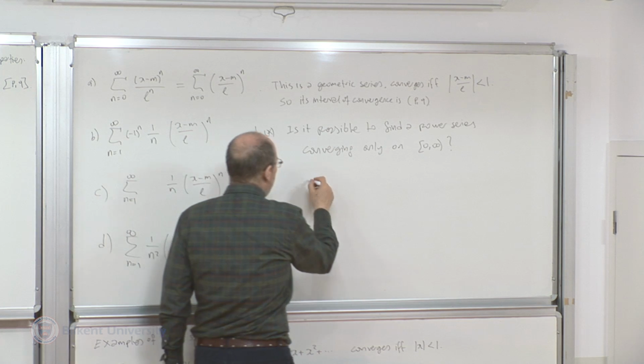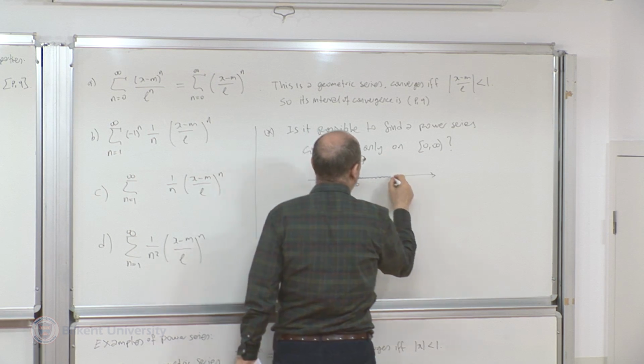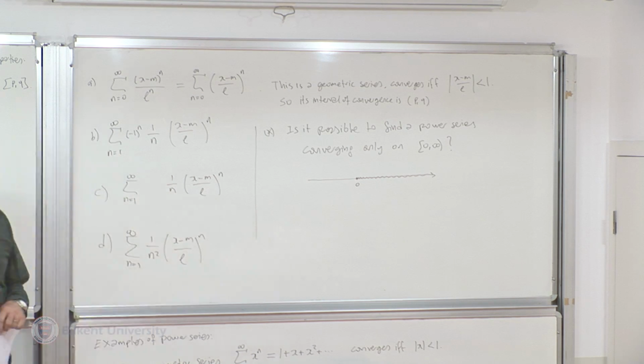If we draw the picture, maybe it will be easier. So this is 0, the function converges here, and it converges everywhere here. Can you write a power series which converges here?